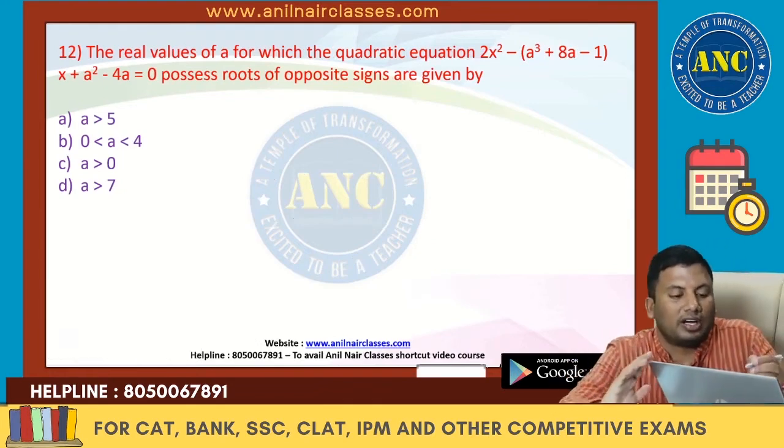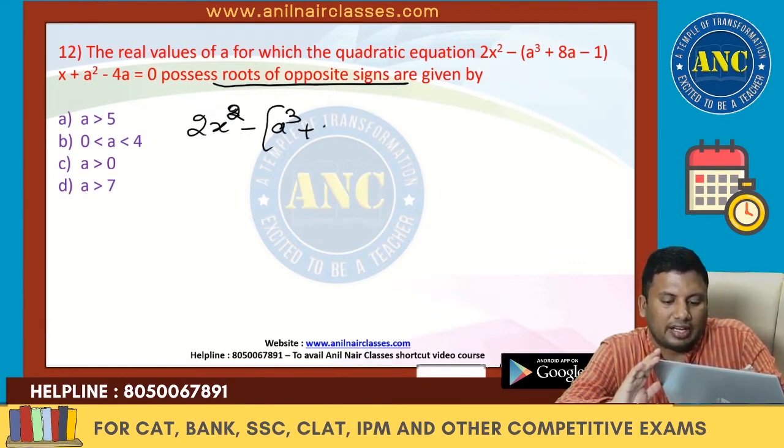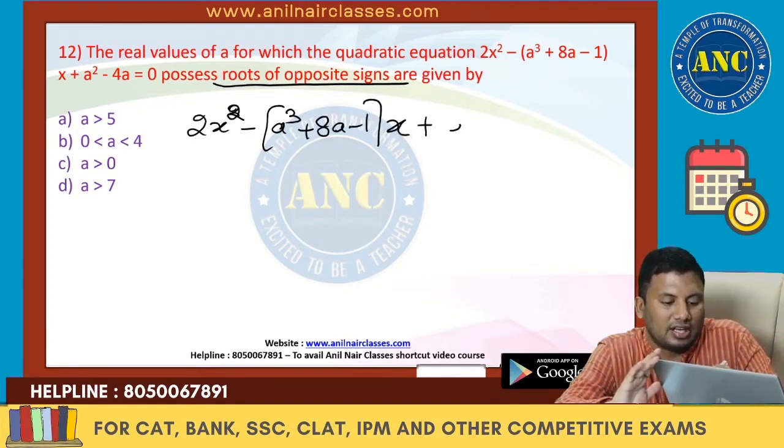See, this is what I am saying. There are a lot of CAT replica questions that will come. 2x square minus, it can give any complicated equation, minus of 8 cube plus 8a minus 1 into x plus a square minus 4a equivalent to 0.